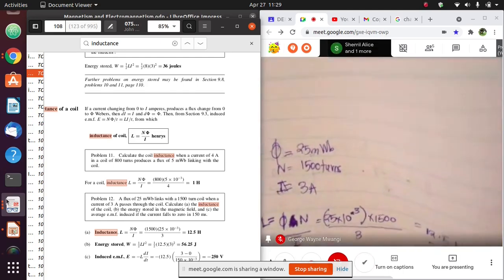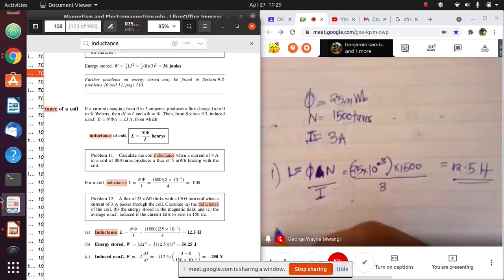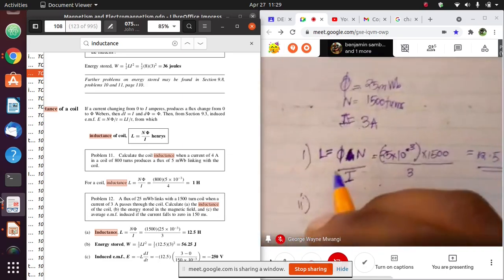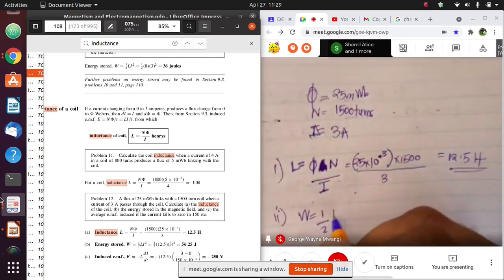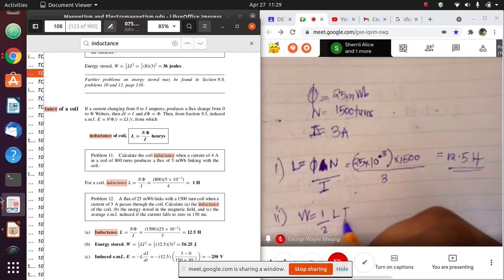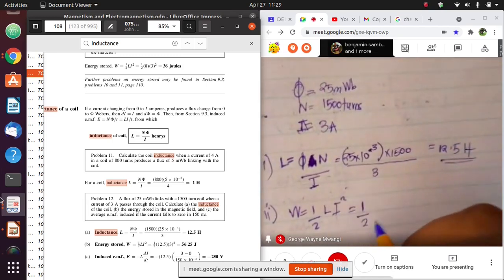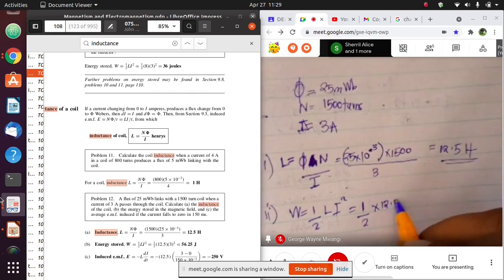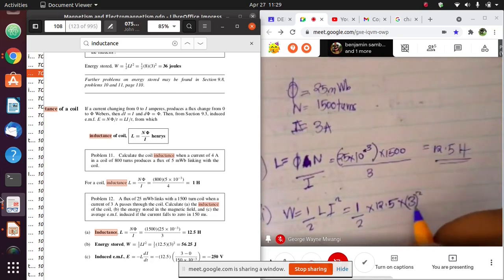The energy stored. How will we find the energy stored in that magnetic field? Energy stored is given by a half times the inductance times the current squared. Now, a half times the value of L. The value of inductance in this case was 12.5 Henry, times the value of current, which is 3 squared.